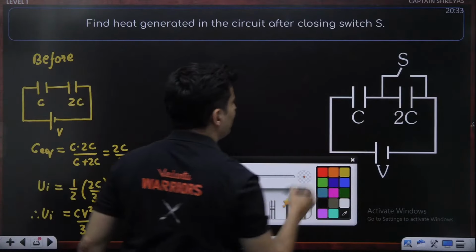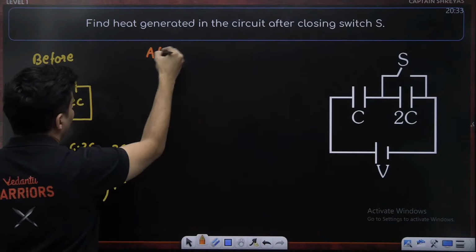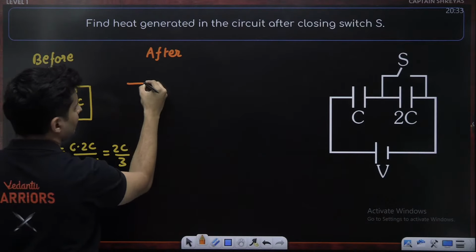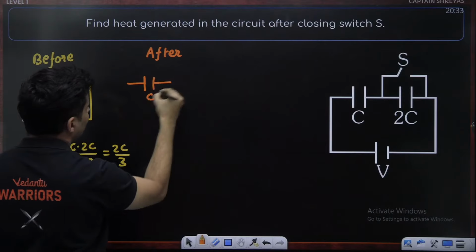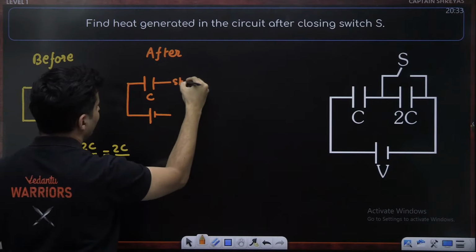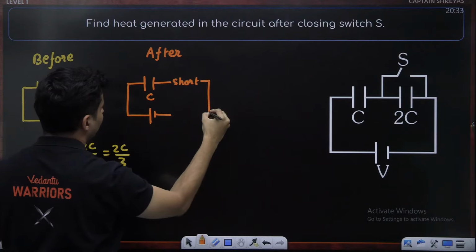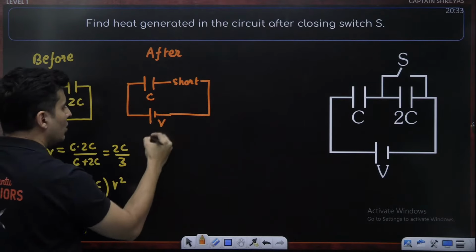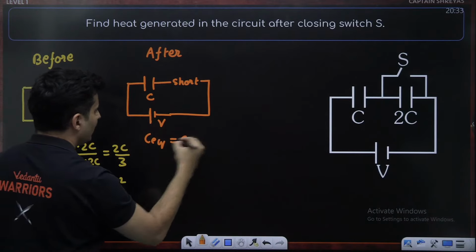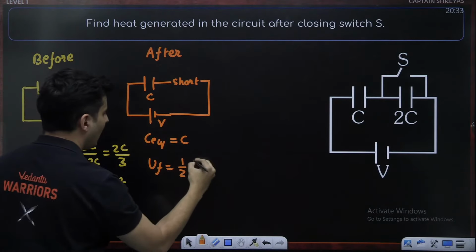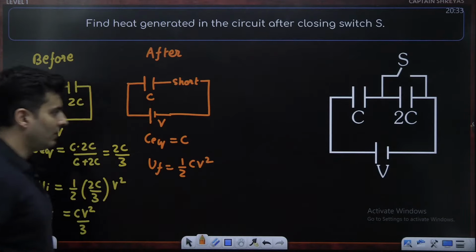When you close the switch afterwards, then what happens? That capacitor becomes completely useless. You just have one capacitor because the other one is just shorted. So the equivalent capacitance will just become C, and the final energy stored will be just half CV square.